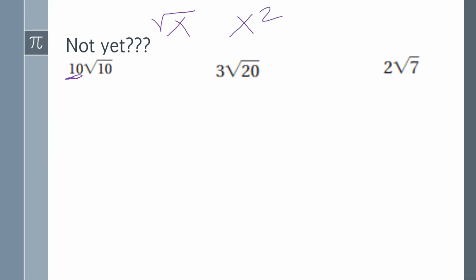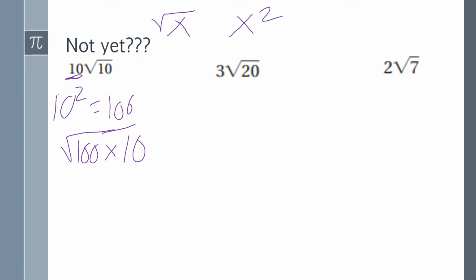The opposite of square root is x squared. So let's square 10. 10 squared is 100. So what's 100 times 10? We should know that to be 1,000. And to check your work, if you want to, you see this 100? Well, the square root of 100 is 10. Just like that.